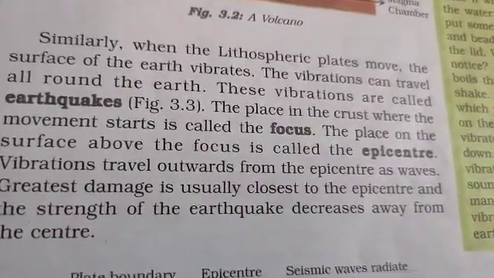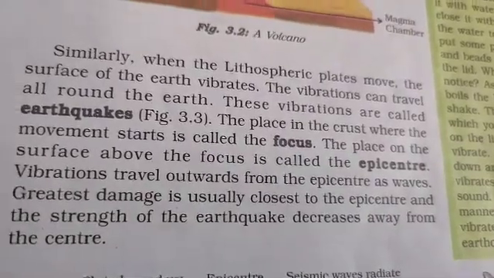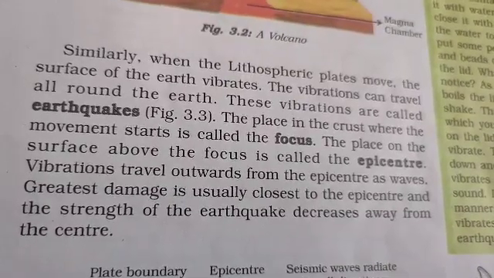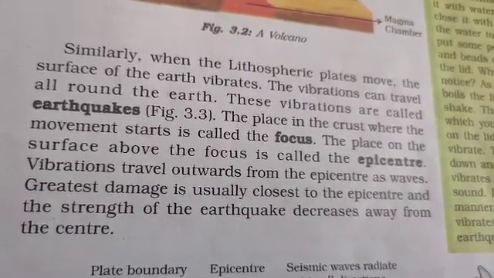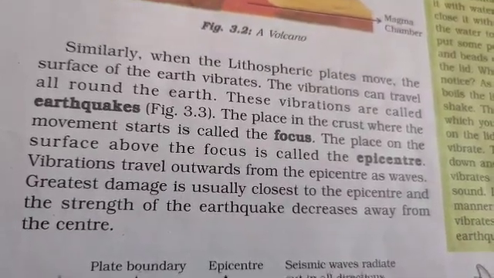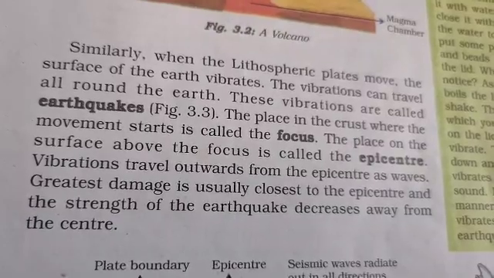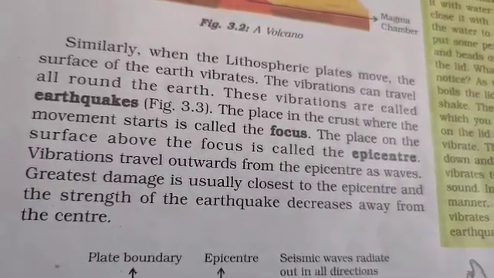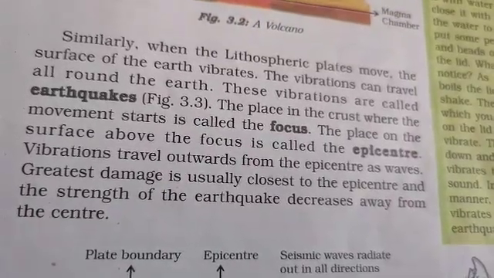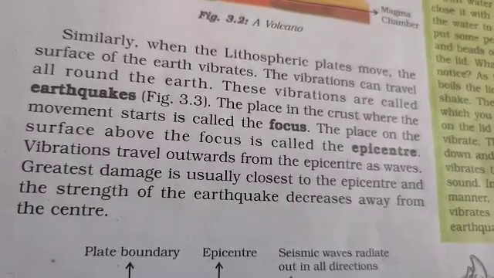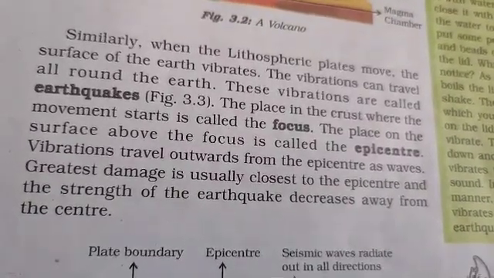The place on the surface above the focus is called the epicenter, which means the center point of the vibration, or earthquake. From that point, these vibrations travel in the form of waves around the center point, outwards from the epicenter.